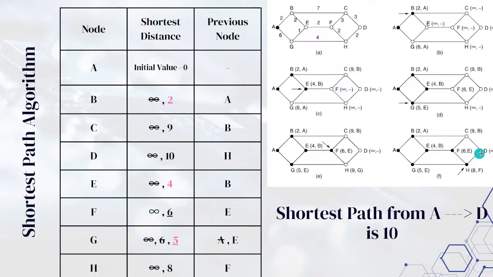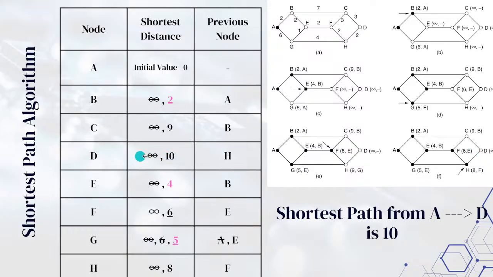So now we are going to D. H to D: the value of H is 8, and if I want to reach D, the distance is 2. So 8 plus 2, 10.